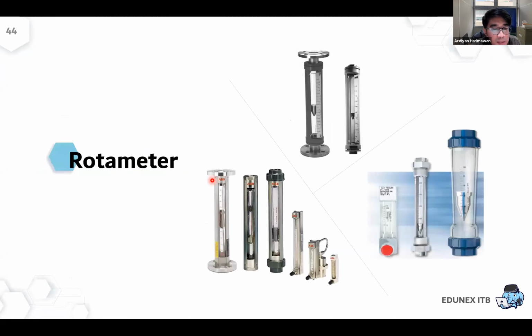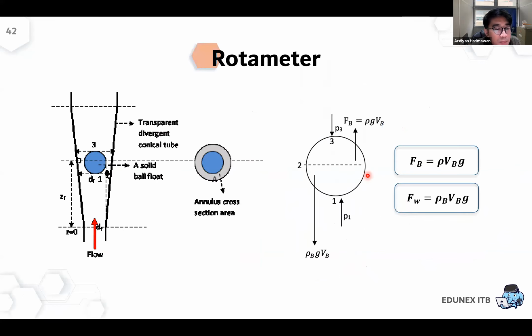And for the rotameter, this is just an additional kind of fluid flow measuring device. But this one is more complex because the arrangement is a bit different. Yeah, it correlates to the Bernoulli, of course. Basically, you derive the Bernoulli between point 1 and point 3 in this one.